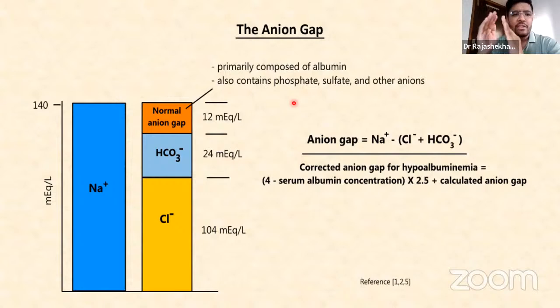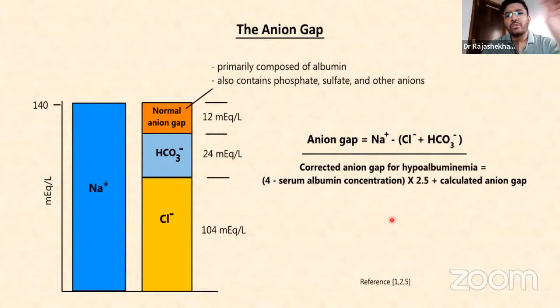This concept is mainly used in case of metabolic acidosis, whereas it can also be used in case of metabolic alkalosis, etc. So there are many things which you can diagnose by the anion gap. Anion gap is calculated by sodium minus chloride and bicarbonate. I have told you in the last class also, some books also add potassium into the cation group, but in the American society guidelines or American textbooks, they only use sodium.